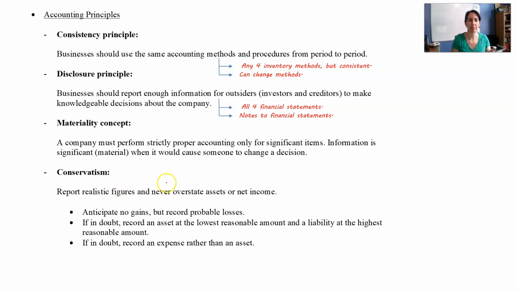And the last thing, be conservative. Always be conservative. We haven't really talked about this at all, but being conservative means you don't anticipate gains before they actually happen, before they're realized. But if you expect there to be a loss, and we'll get to this one in the liability chapter, you would actually record that loss even if it hasn't happened yet. It says, if in doubt, record an asset at the lowest amount.